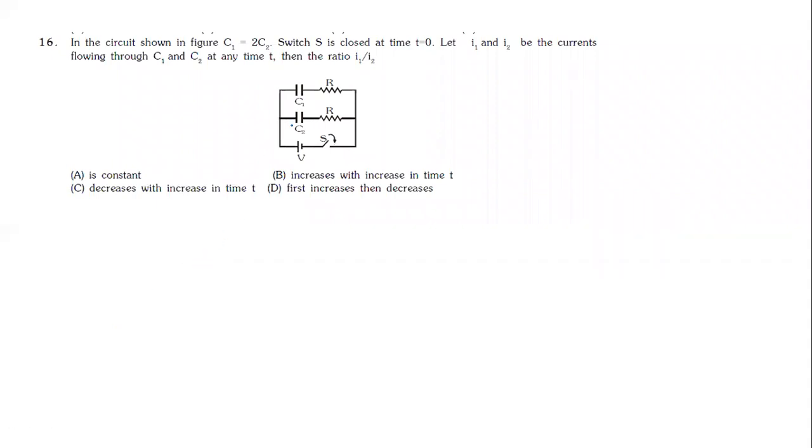Can we find this current I1 and I2, or is it not possible based on what we know so far? If this current is I1 and this current is I2.